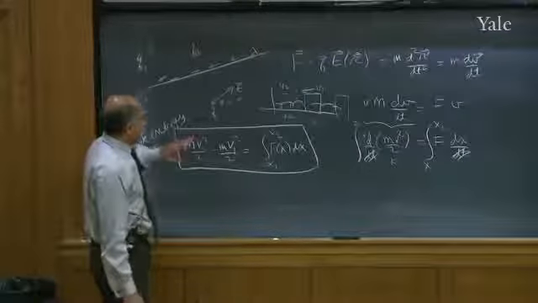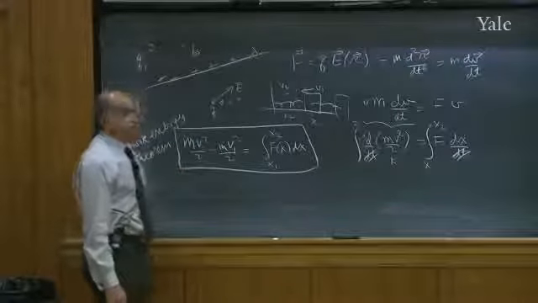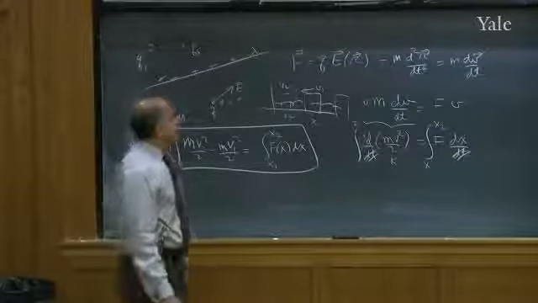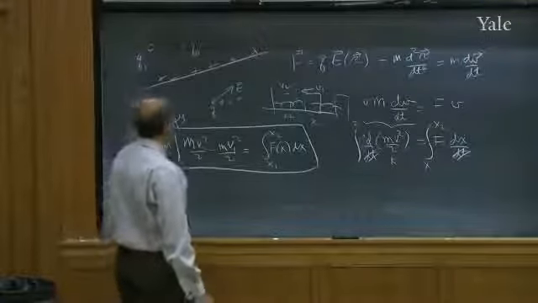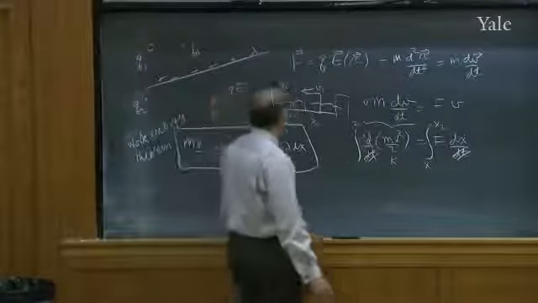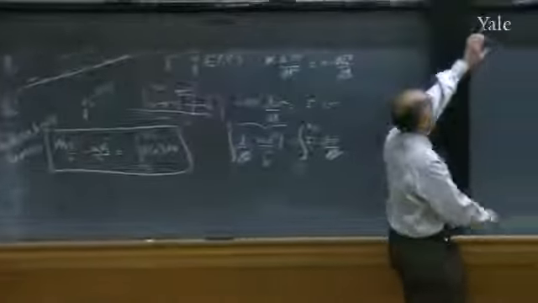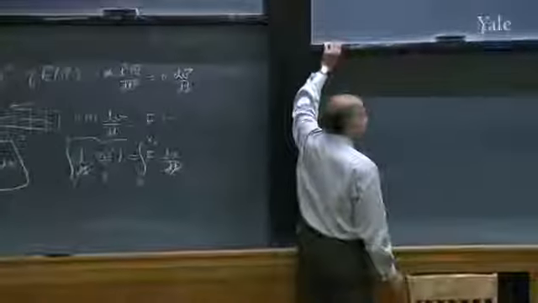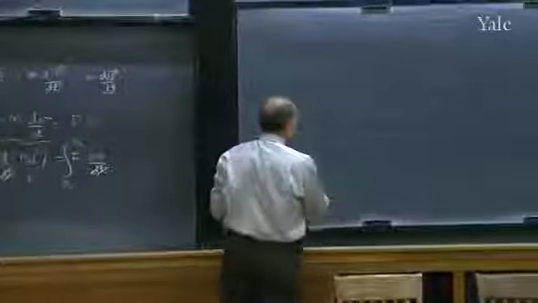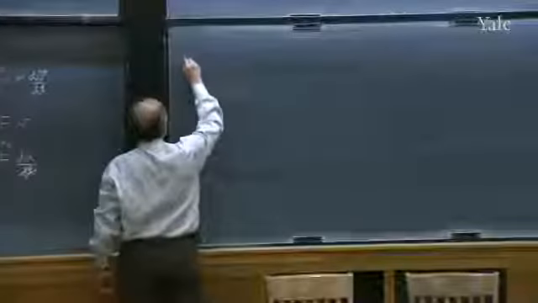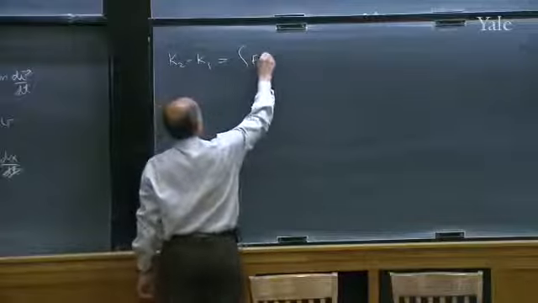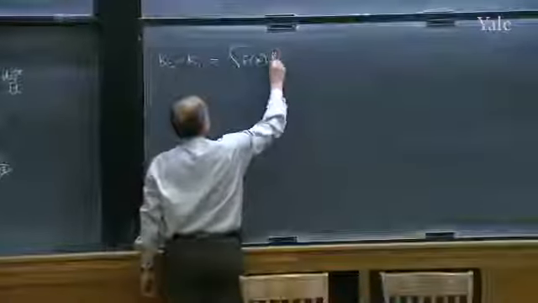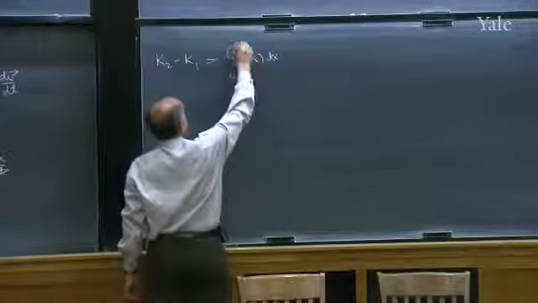But if you want to extract from this a law of conservation of energy, you have to do a certain manipulation. And that's what I'm going to describe. So let's go back here and try to extract from it a law of conservation of energy. I'm going to write here K2 minus K1 is the integral of F(x) dx from x1 to x2.